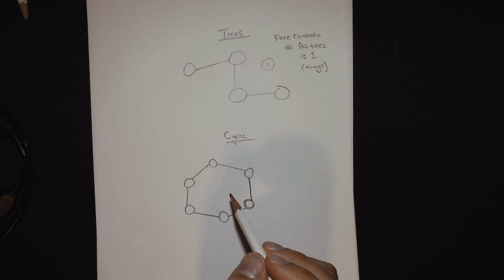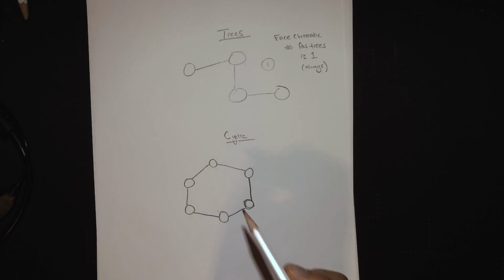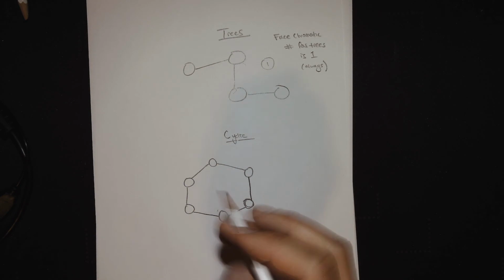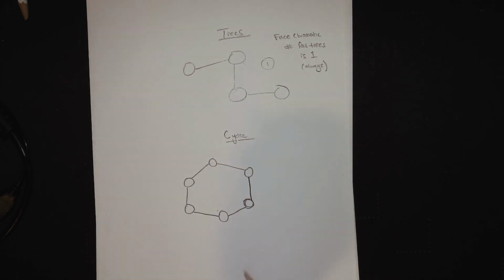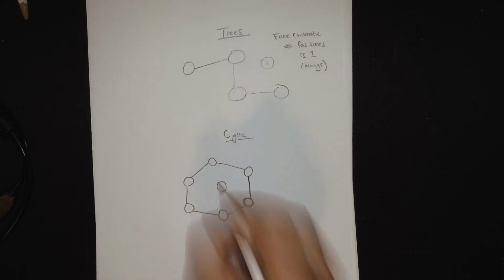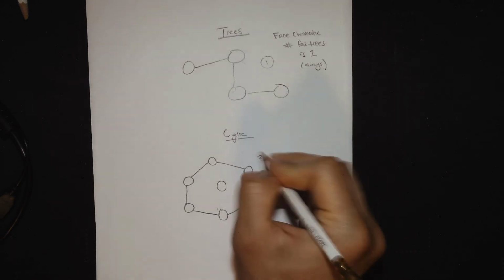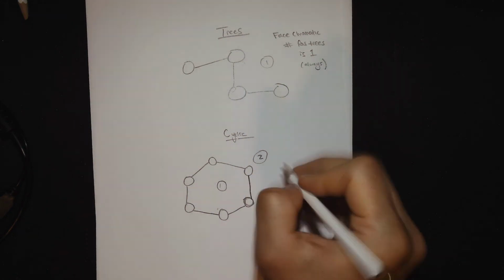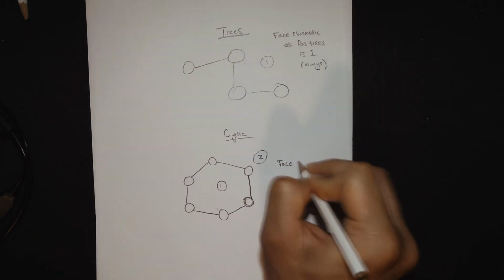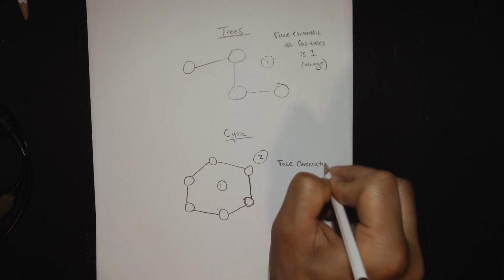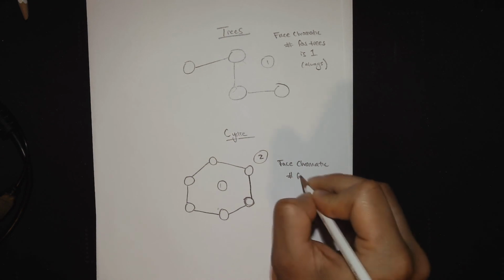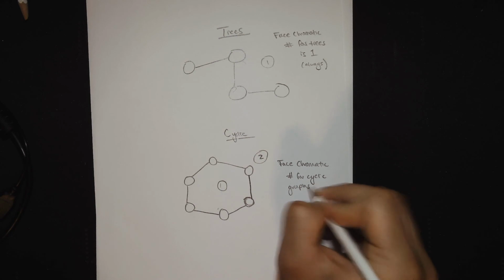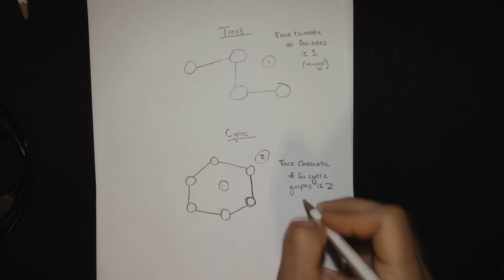Since they all can be drawn this way, you can clearly see that each of these graphs will separate the plane into 2 faces, the one on the inside and the one on the outside. So the face chromatic number for cyclic graphs is 2, and this is always.